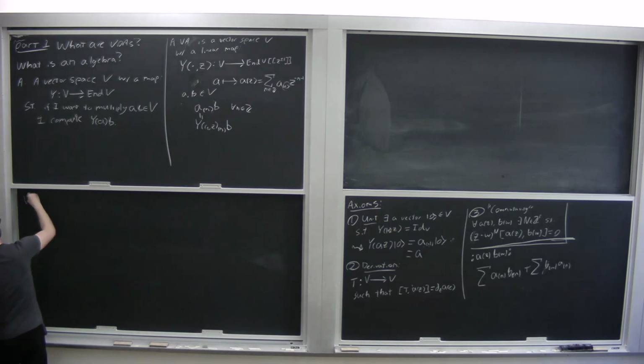Okay, so the first example, which I think is one of the most important, is the Virasoro algebra.